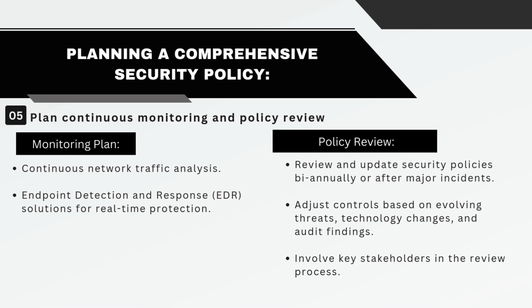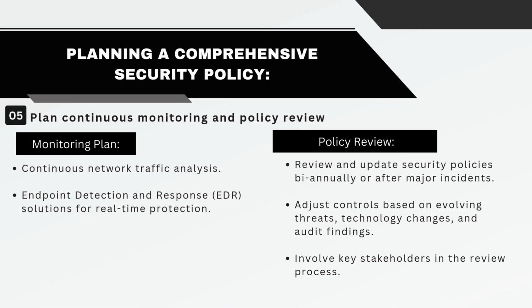And number 5 is planning continuous monitoring and policy review. Monitoring plans: continuous network traffic analysis, and then endpoint detection and response simulation for real-time protection. And then the last one is policy review.